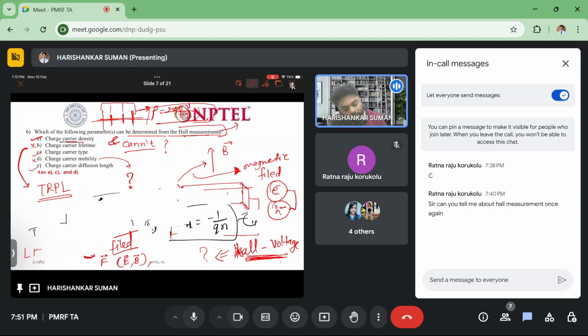These are simple experiments you can find in any book. Please read. If you don't understand, let me know in the next lecture, but please try to understand by yourself first. I will discuss in detail in the next class, because it will take around 30 minutes.